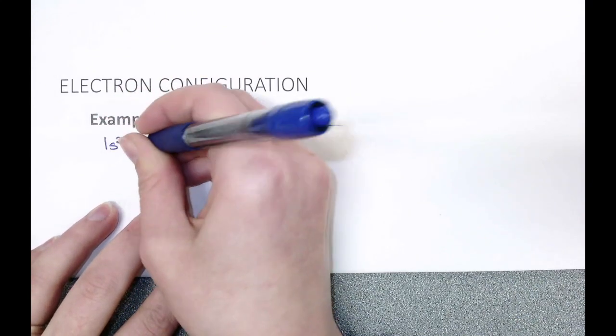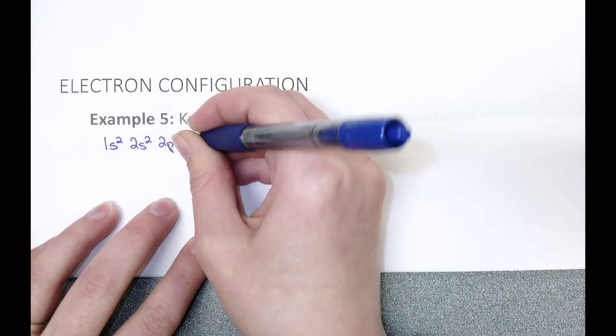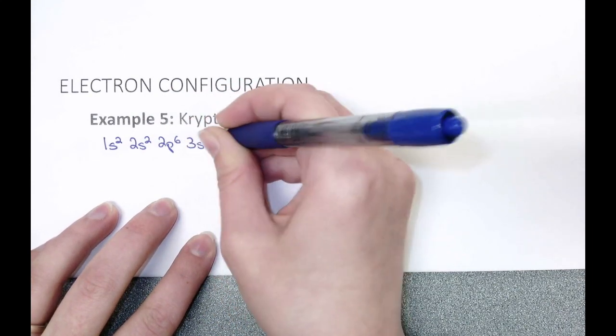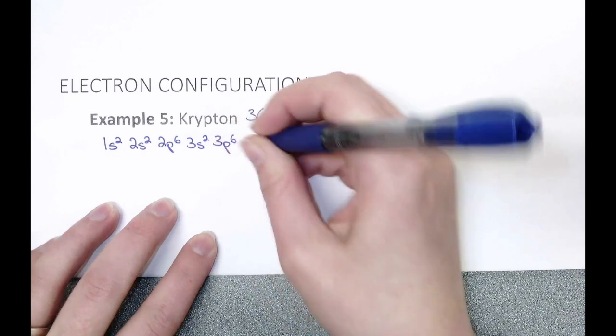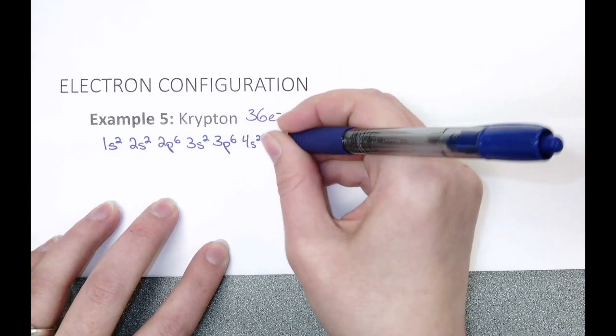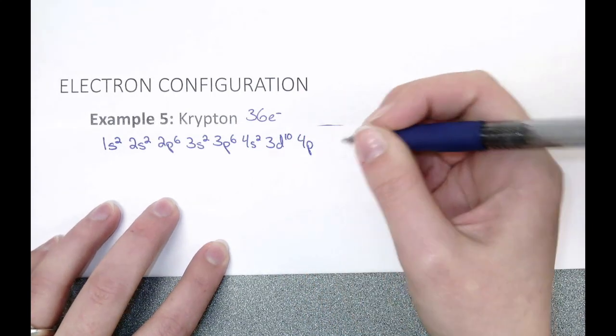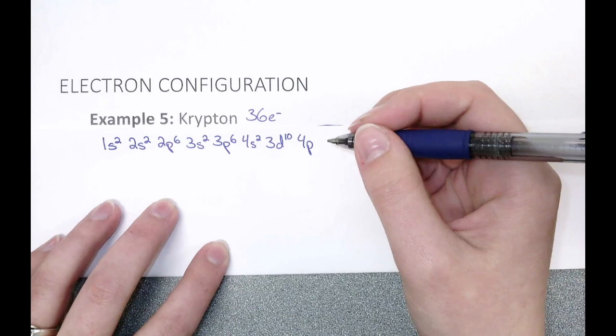1s2, 2s2, 2p6, 3s2, 3p6, 4s2, 3d10, and 4p. Again, there's a couple of ways to do this.